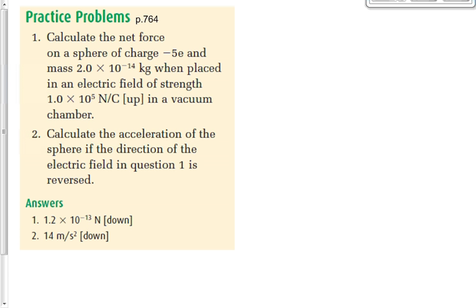Now, the other situation that we described was that second particle where the forces weren't balanced, or maybe even that first particle, but one force is bigger than the other. In the end, if we have a net force, an unbalanced force, we have to do what we did in Physics 20. F net is equal to the sum of the forces, Fe plus Fg. We're going to say ma is equal to QE plus mg.